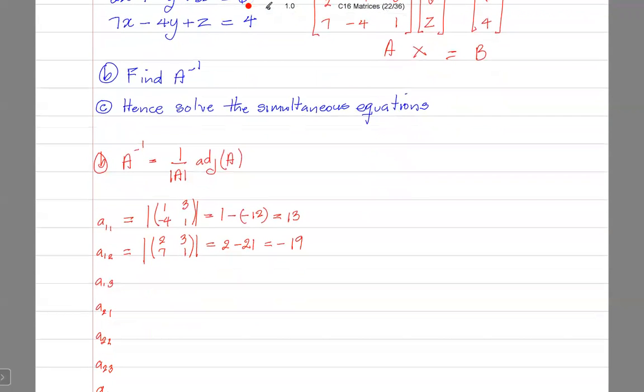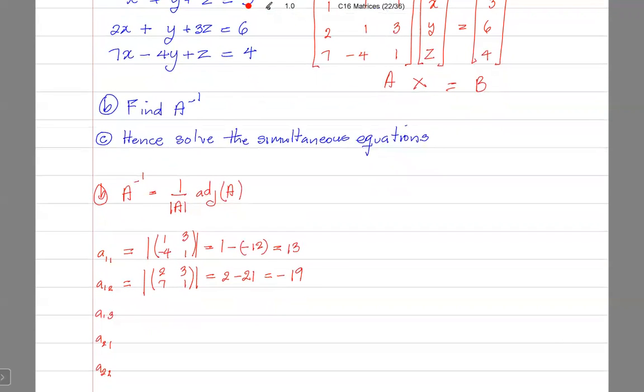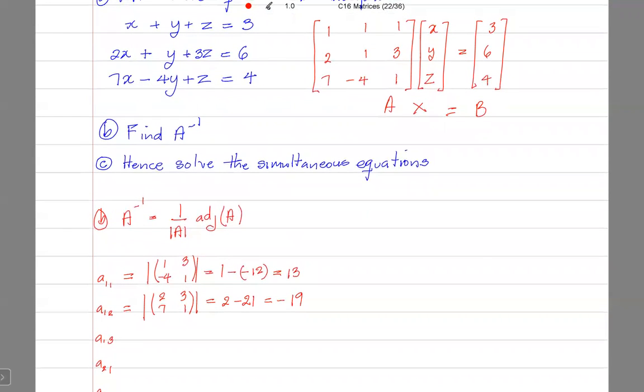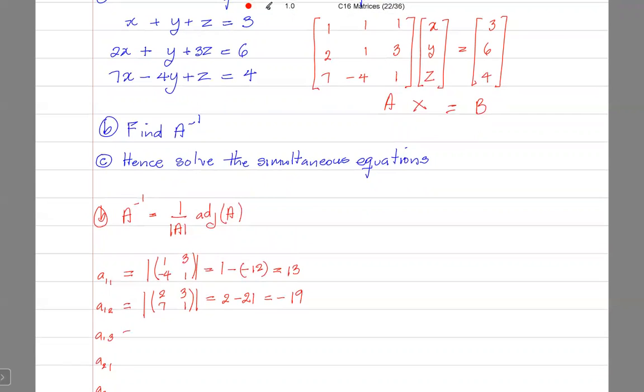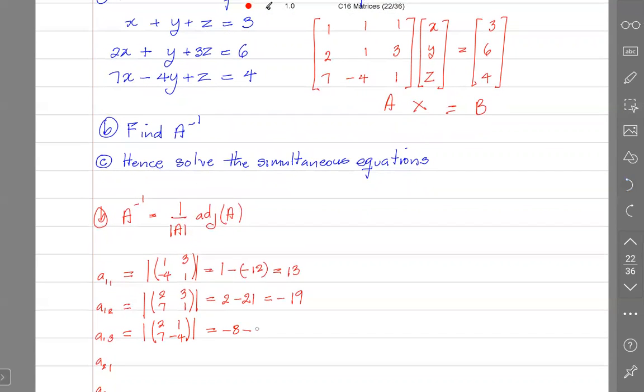The cofactor element for the third element in the first row would be the determinant of 2, 7, 1, minus 4: minus 8 minus 7, which is minus 15.